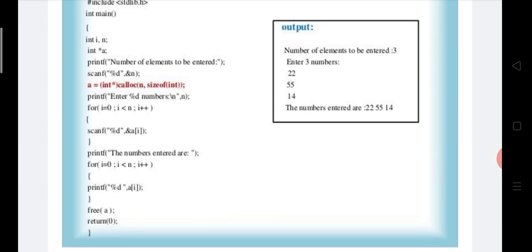Enter 3 numbers: 22, 55 and 14. All the entered numbers are stored in a memory block which is allocated at runtime by the calloc function. Afterwards, whatever we entered, these three numbers will be displayed by using the last for loop. The numbers entered are 22, 55 and 44.